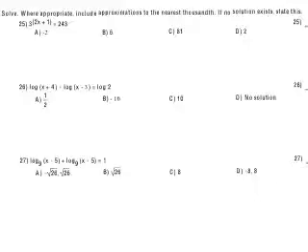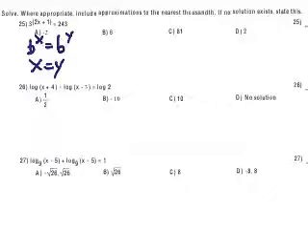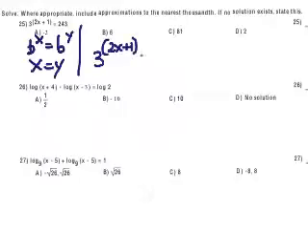Remember, we have this rule that if b to the x equals b to the y, then x equals y, right? So this is a case where we can use that principle. We can't always use it, but in this case we can. We have 3 to the 2x plus 1 power, and that equals 243. But 243 is what?